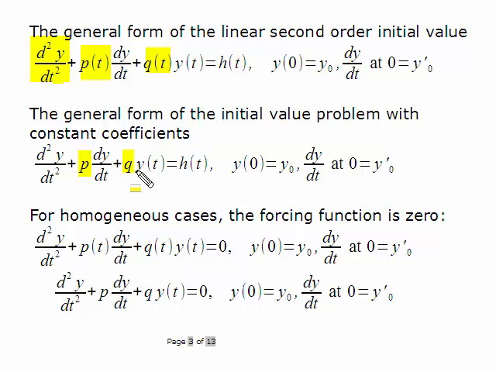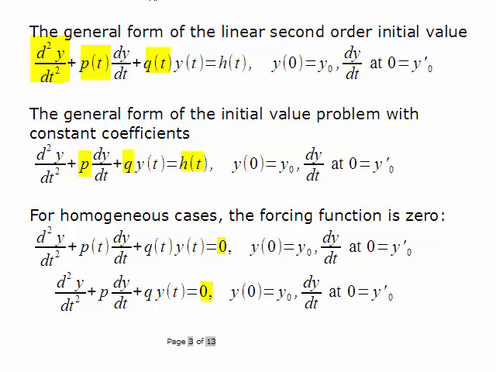P and q are just constants. And then if it's homogeneous, you have a 0 here. If it's non-homogeneous, you have h of t. H of t is like the forcing function. And we talked about forcing functions before in the method of undetermined coefficients. Now the method of undetermined coefficients will be used again in this chapter. The method of separation of variables and integrating factors, those methods are not used here.